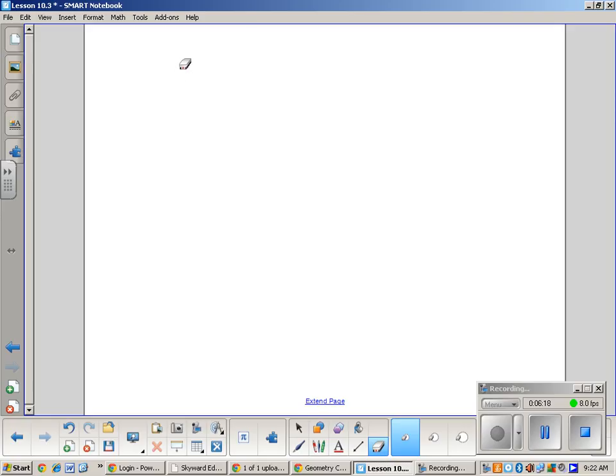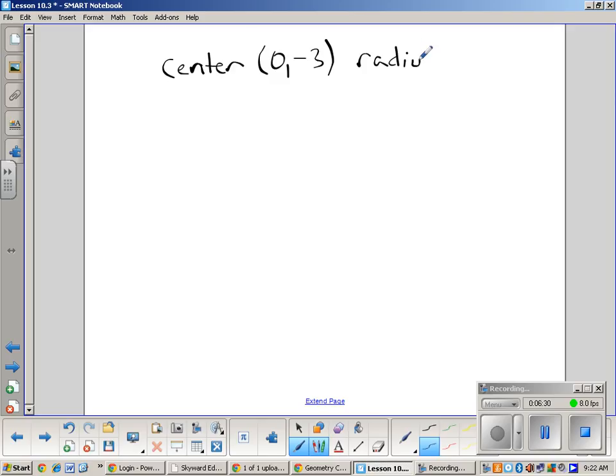Let's say my circle has a center of (0, -3) and a radius equal to 7. We want to write an equation of that circle.